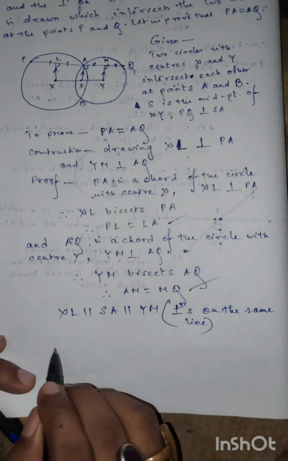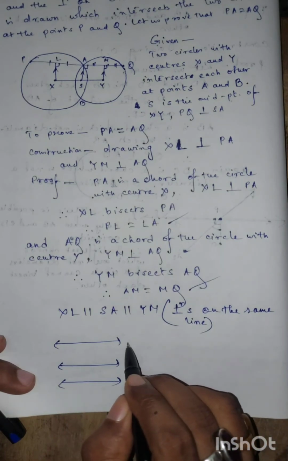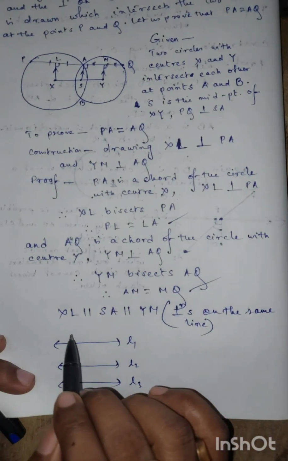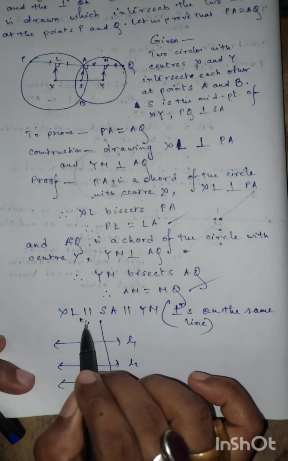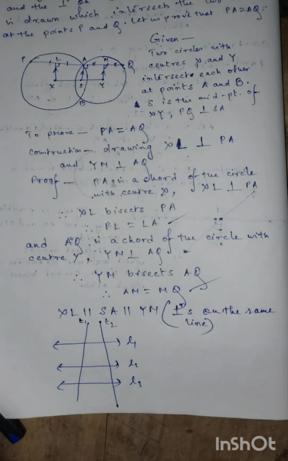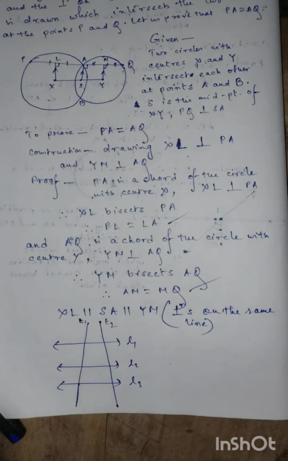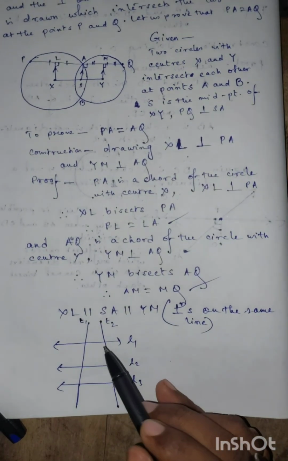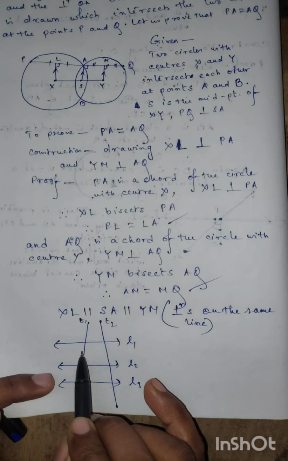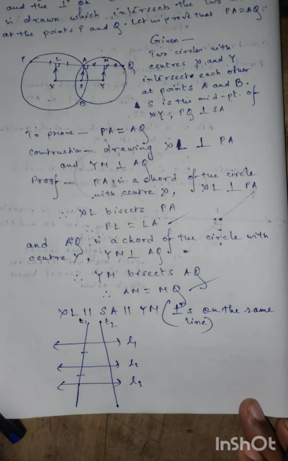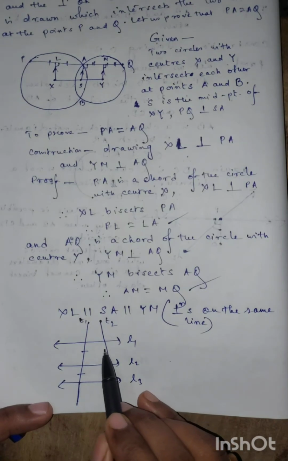Now we know if we have three parallel lines, L1, L2, L3, and two transversals, transversal 1 and transversal 2, then if three parallel lines are cut by two different transversals, and if this part is equal to this part, then this part will also be equal to this part.